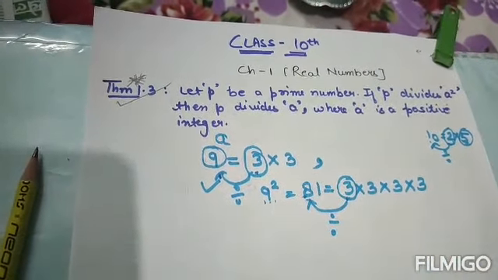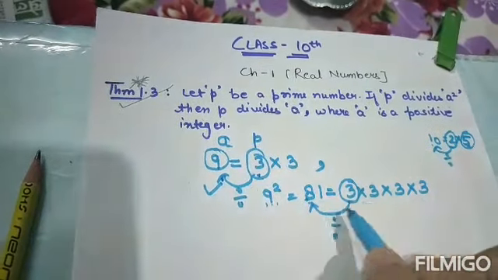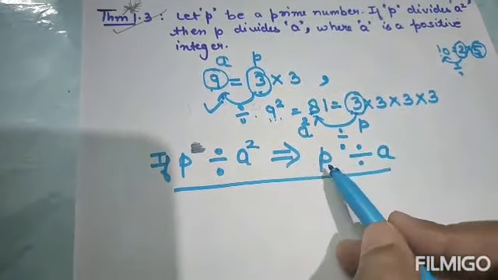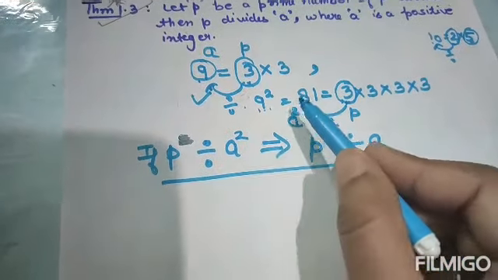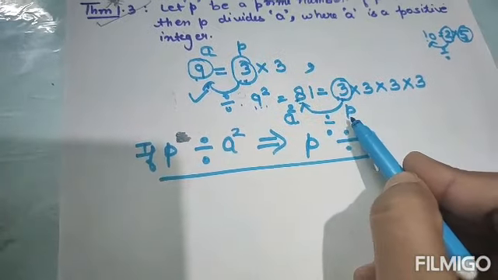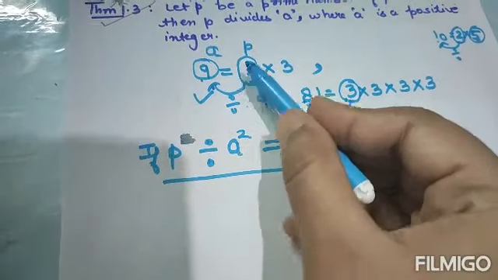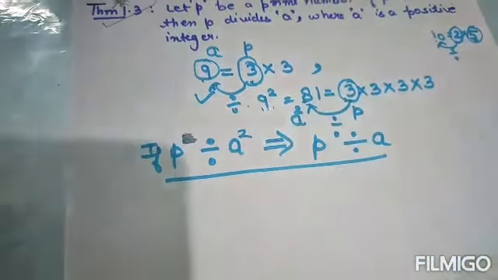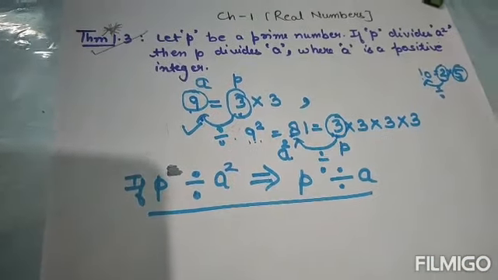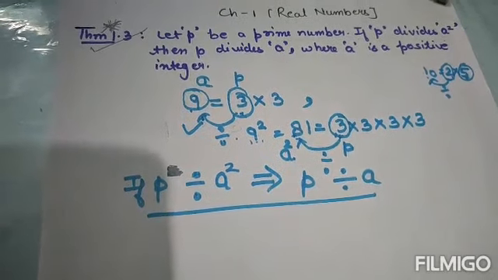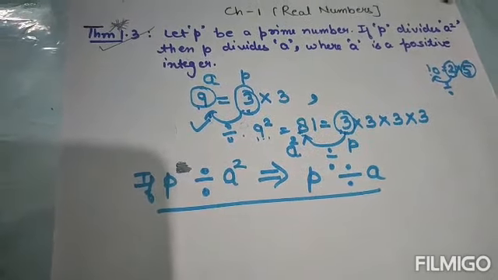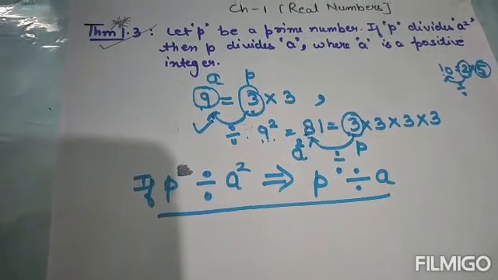This is A and this is P. Now if P divides A square, this implies P divides A also. Here A square is 81, P is 3, P is dividing A square, P is also dividing A. Got it? This is what the theorem states. And this we are going to use for solving our further questions.